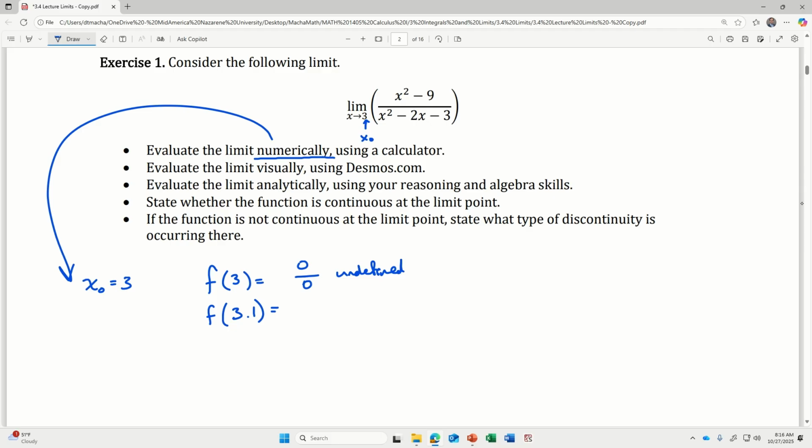I got 1.487, 1.488. And then now try f of 3.01. Again, open parentheses, 3.01 squared minus 9, close parentheses, divided by open parentheses, 3.01 squared minus 2 times 3.01 minus 3, close parentheses. That time I got 1.499.